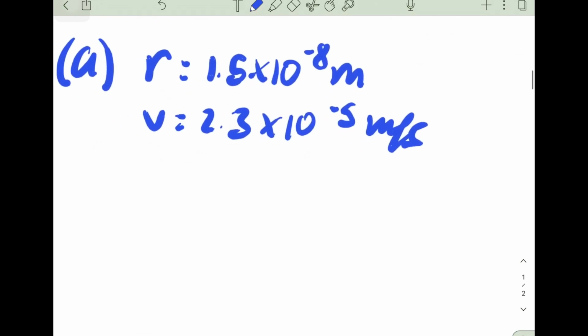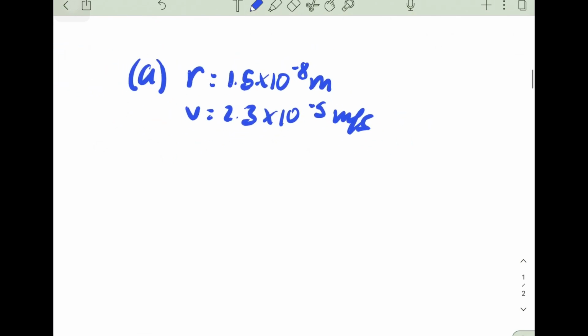The symbol for angular speed is lowercase omega, which looks like a slanted W. This is the one variable we don't know.